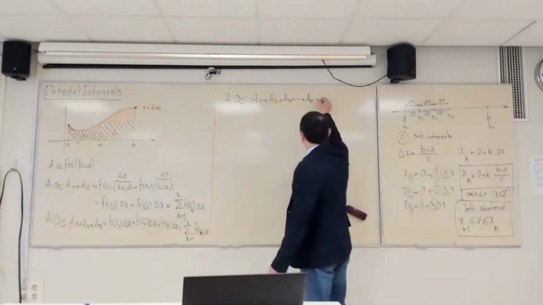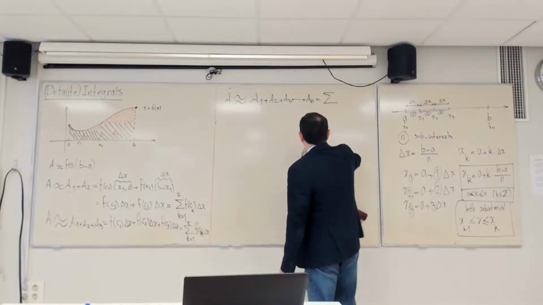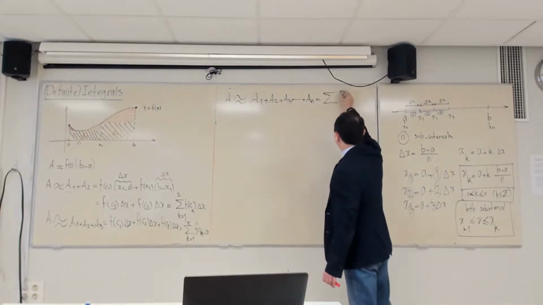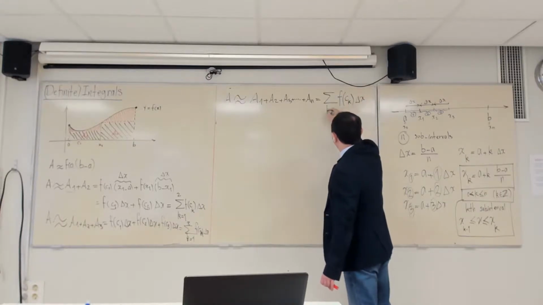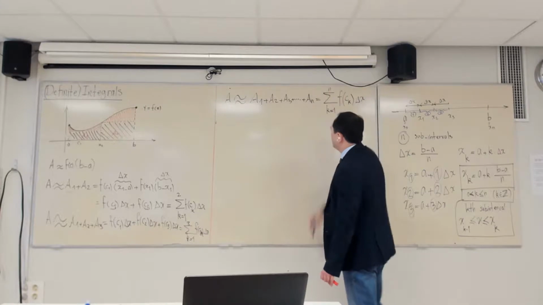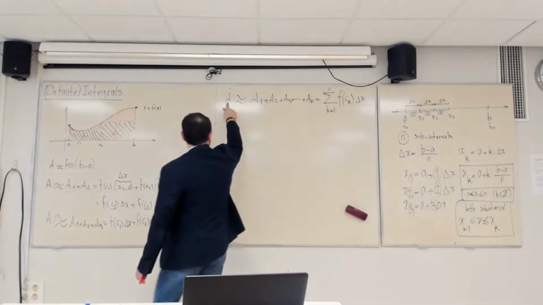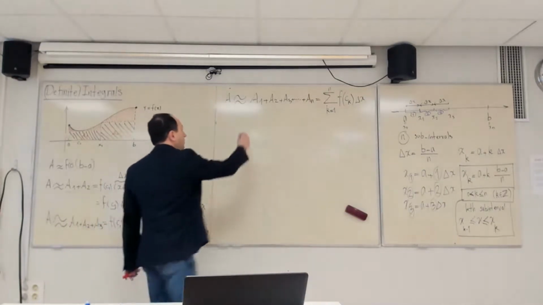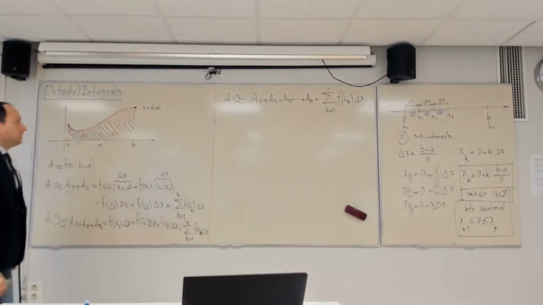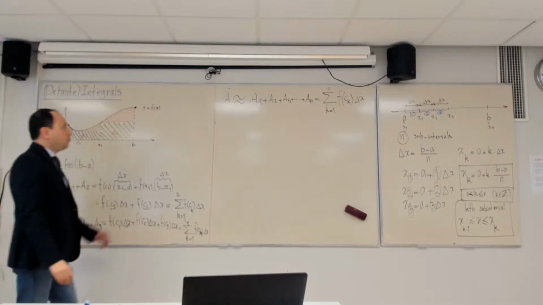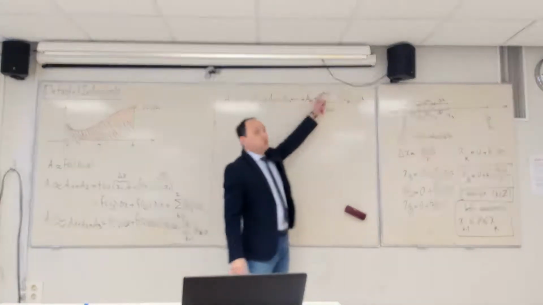Okay, then hopefully you can write the same structure, sigma f of c sub k delta x, k goes from 1 to n. Yes? That's correct, that's good. So this is the area that I find when I go up to n.